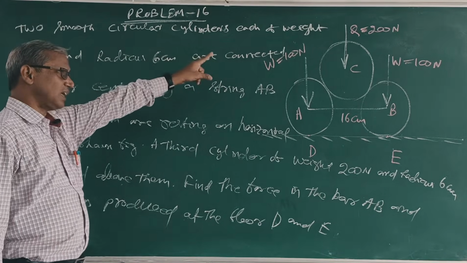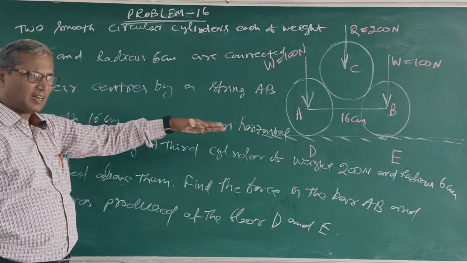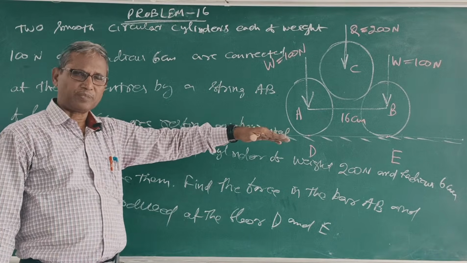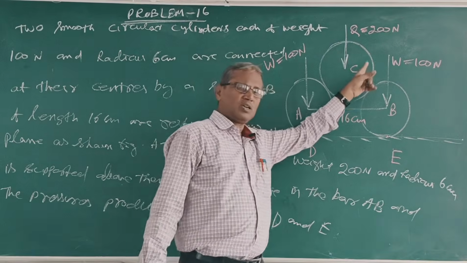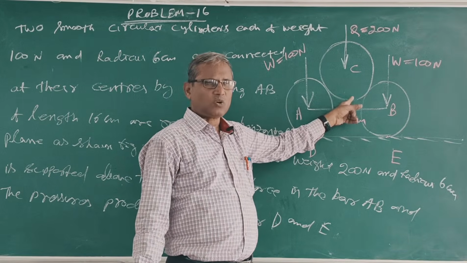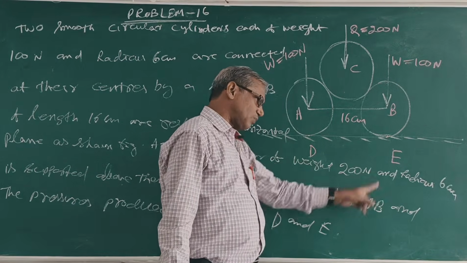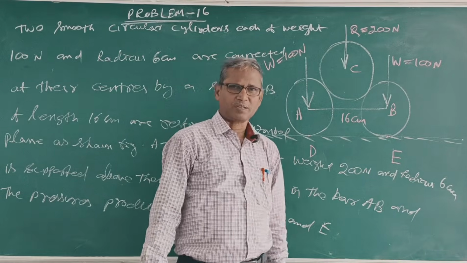Two smooth circular cylinders, each of weight 100 Newton, radius 6 m, are placed on a smooth horizontal plane, and above them is supported a third cylinder of weight 200 Newton, same radius. What is the force in string AB, what is the force at D, and what is the force at E? What is the pressure at D and at E? Clear?